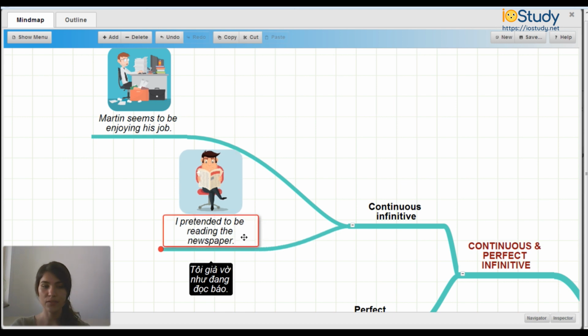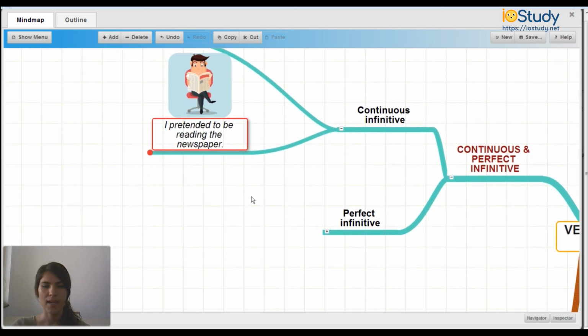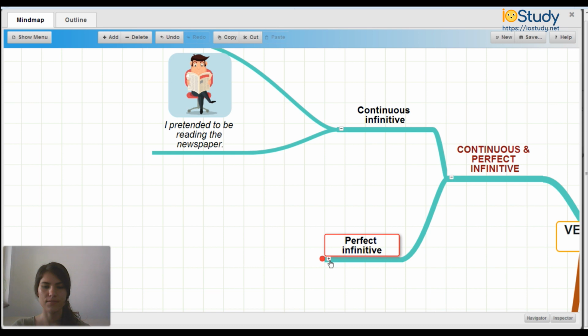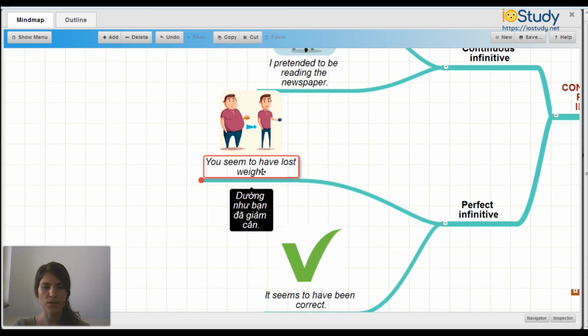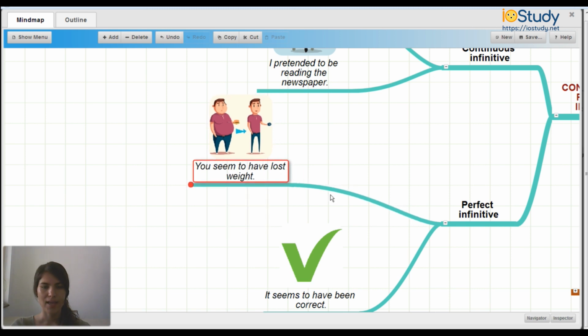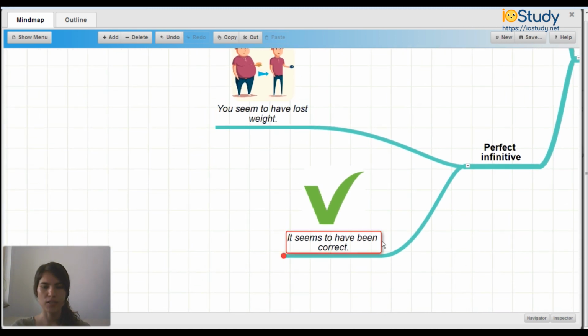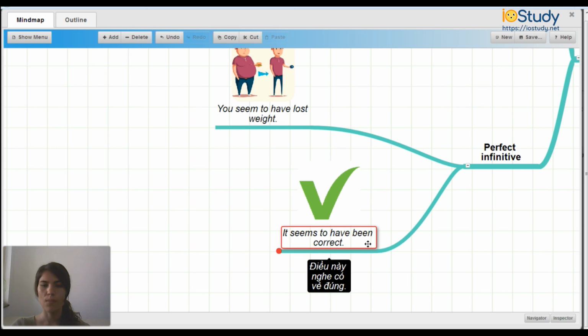So these are both the continuous infinitive. Next, we have the perfect infinitive. So for example, you seem to have lost weight, and it seems to have been correct. Both of these are the perfect infinitive.